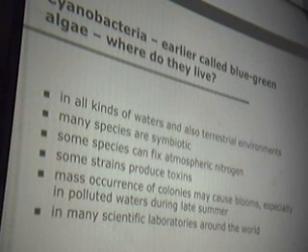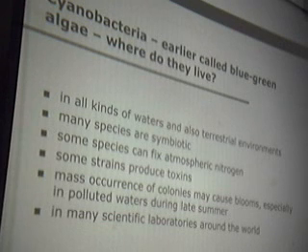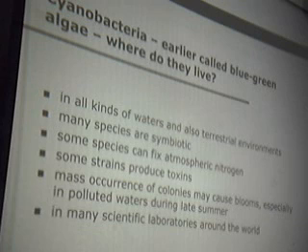Many species are also symbiotic. Some species can fix atmospheric nitrogen. Some strains produce toxins, as you have read in the newspapers, during these cyanobacterial blooms, especially in polluted waters during the late summer. They are really very harmful.